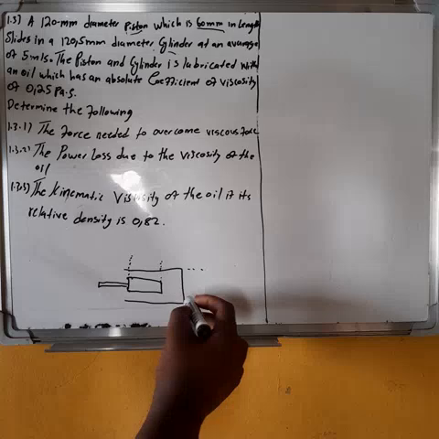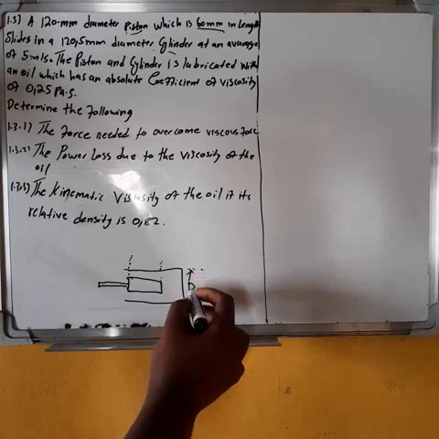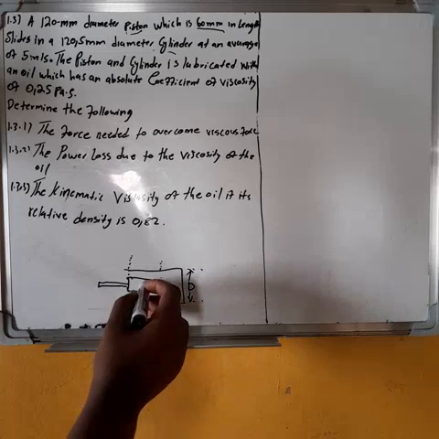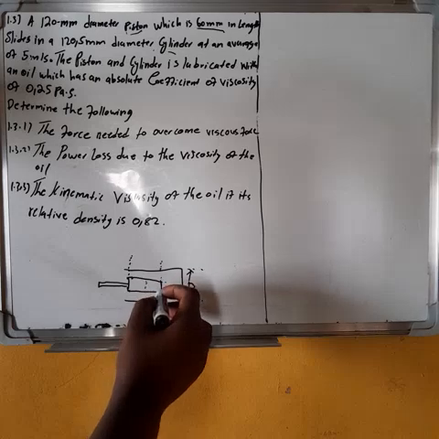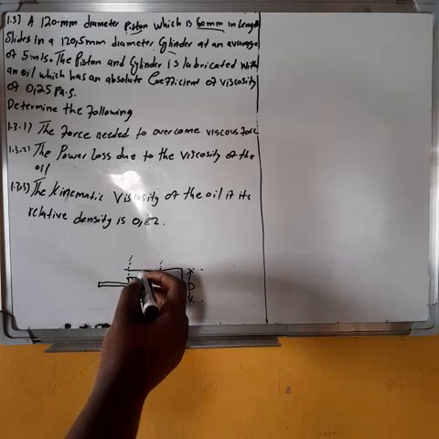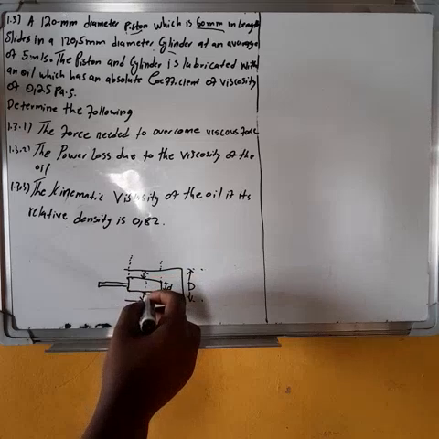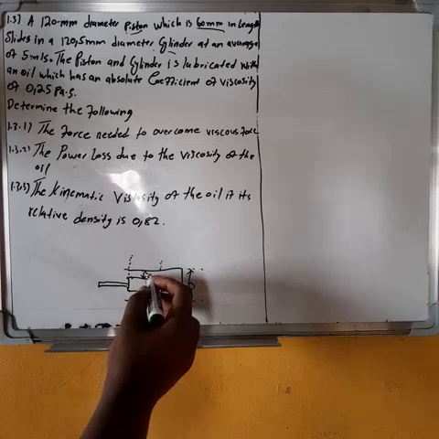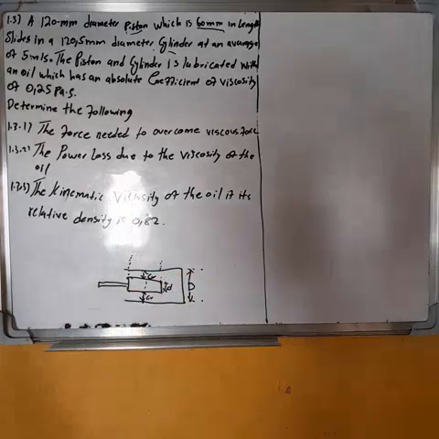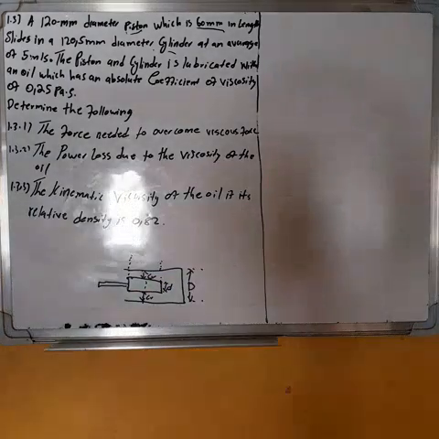This cylinder must have its diameter, and the piston must also have its diameter. This space here between the cylinder and the piston is the clearance. I hope we are fine there.